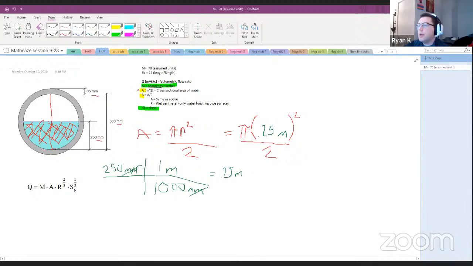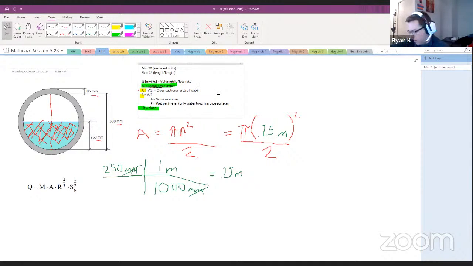So we figured out what A is. Once we square this value, we're going to be in a unit of meters squared, and that's what our problem told us we needed it to be in. So we're good for area. I'm going to go ahead and type that in up here.